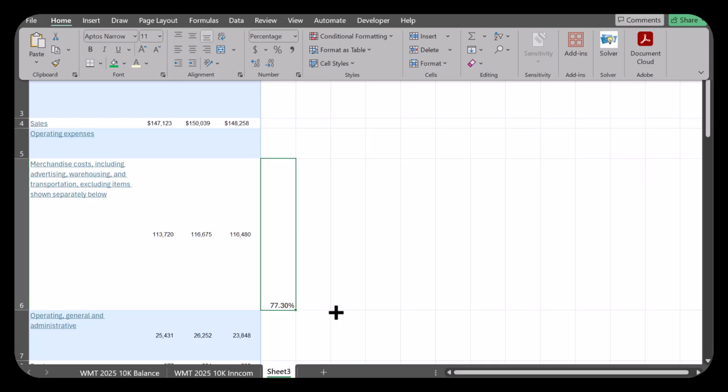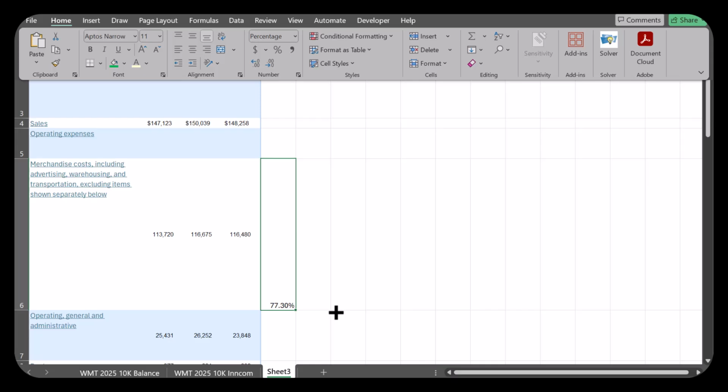This is the purpose of common size financial statements. If you look at it, the annual sales of Kroger is about $147 billion. On the other hand, Walmart is $680 billion. It's much bigger.